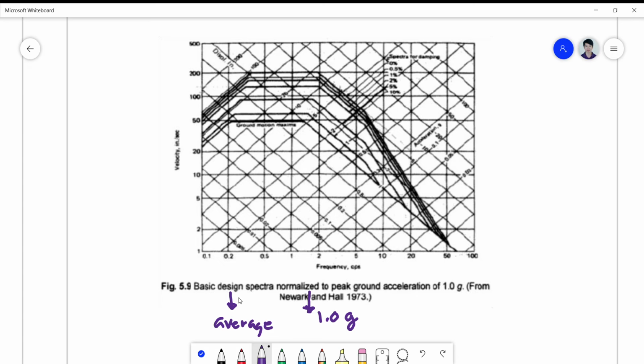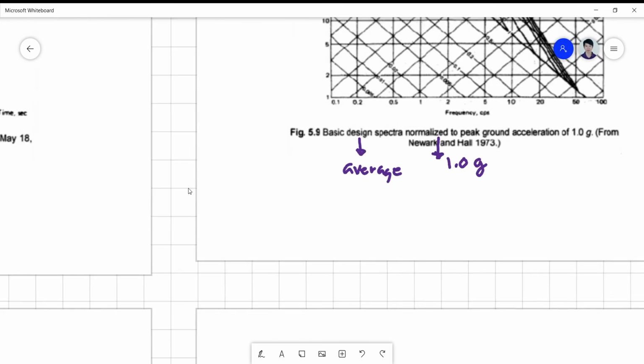Okay, so remember that class, design spectra takes into account the average, getting all the maximum. That's why if you will notice a smoother curve is obtained from this. Okay, when you say normalize, you are referring to the acceleration which is a peak ground acceleration of 1.0 times the gravity.